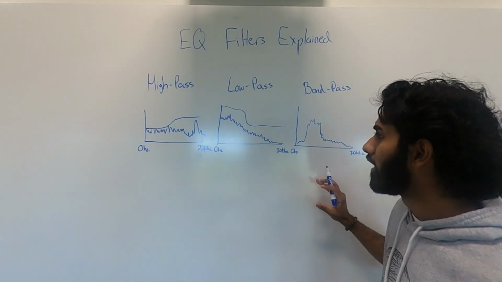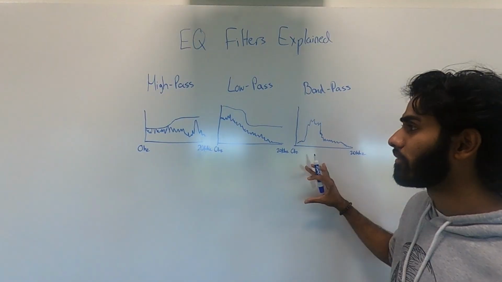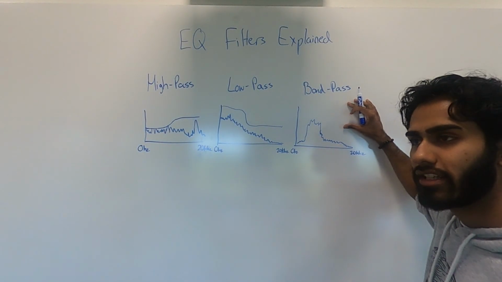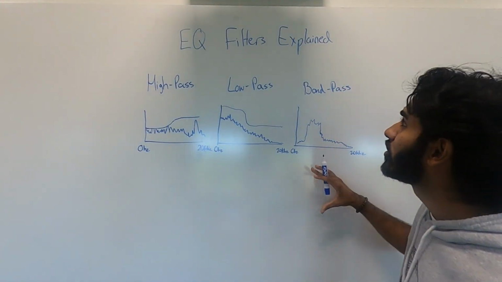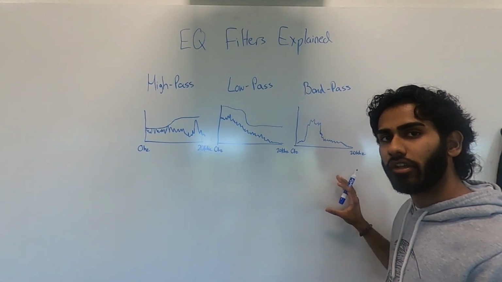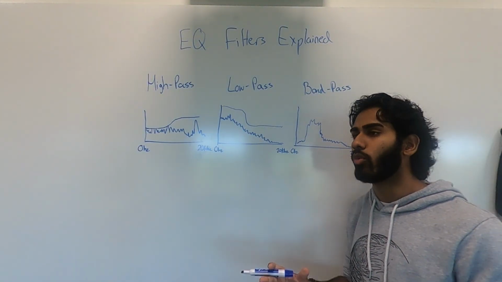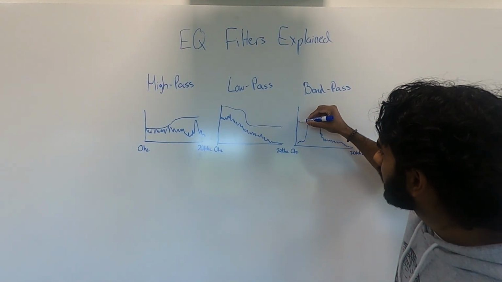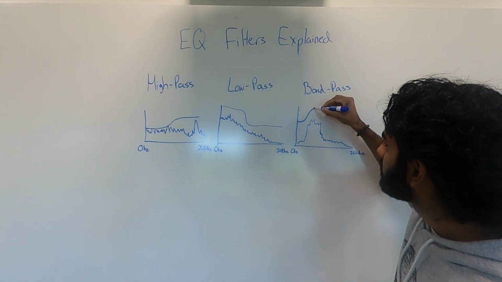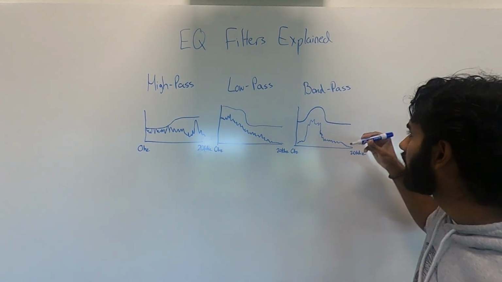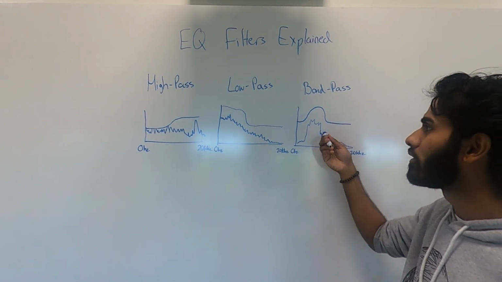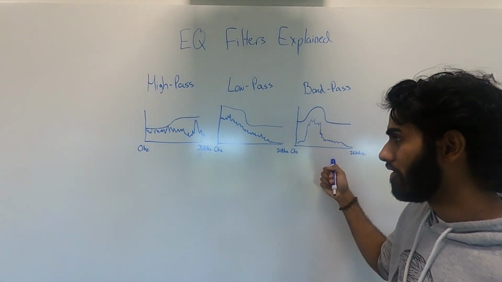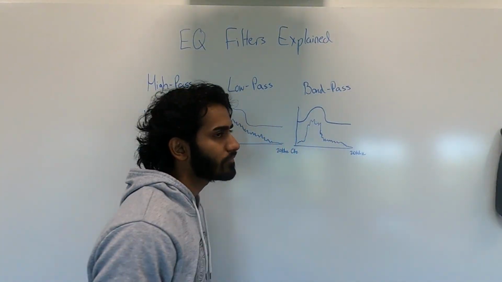Now the third one, and in my opinion, arguably the most interesting one and most versatile one, is a band pass filter. What a band pass filter does is it lets you decide which frequency ranges you want to take out and which ones you want to accentuate. What that would look like is I can just make this right here higher. I can make these frequencies stand out more than the other frequencies in my melody. Why is this the most interesting to me?